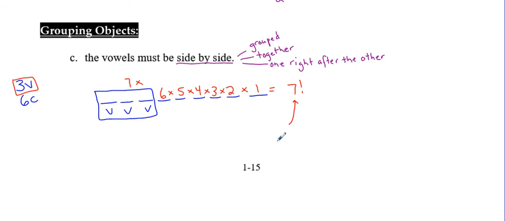So the 7 comes from the 6 consonants, and the 1 block of vowels. So that's where the 7 comes from.